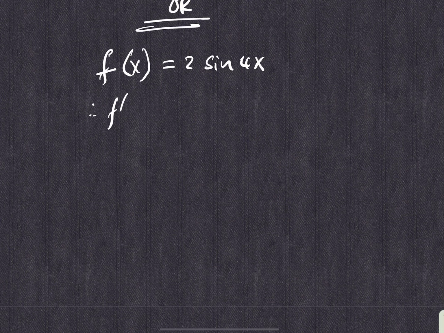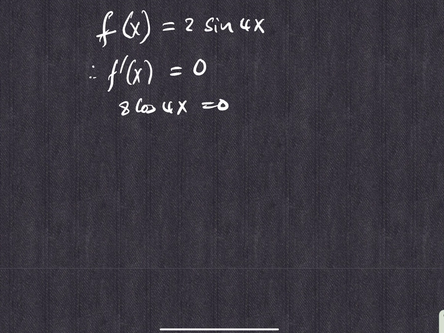So the first derivative must be 0. That's where you're going to have the minimum and the maximum. So think about it. The derivative of that is going to be 8 cos of 4x is equal to 0. Therefore, cos of 4x is equal to 0.